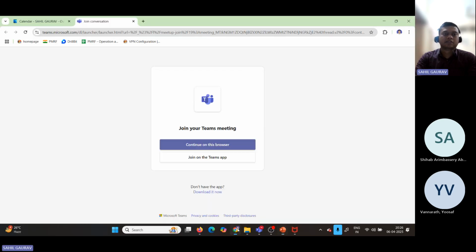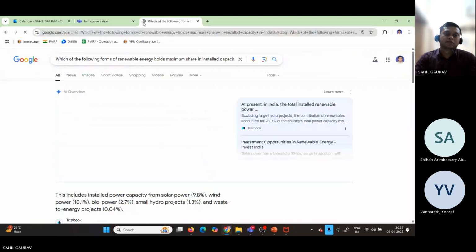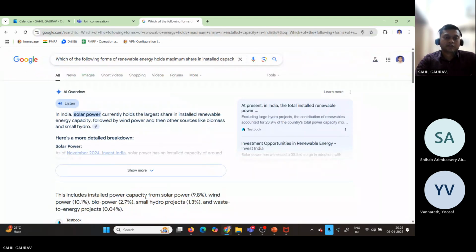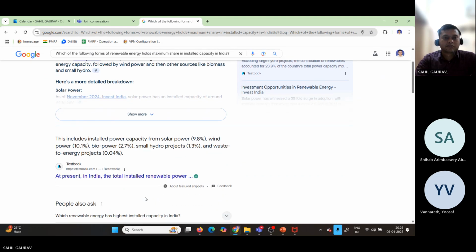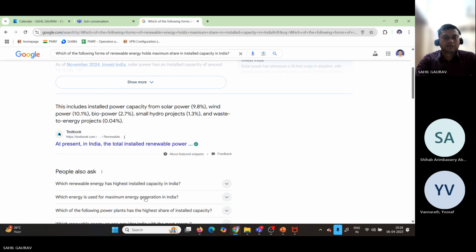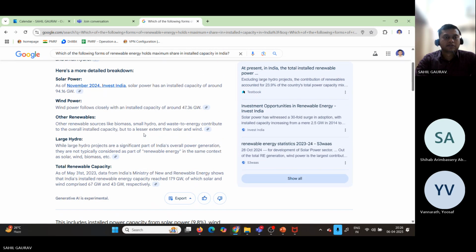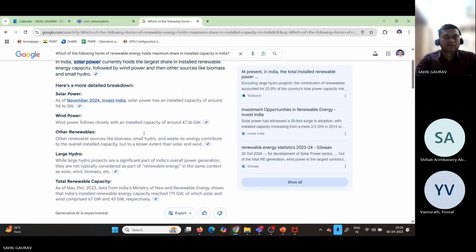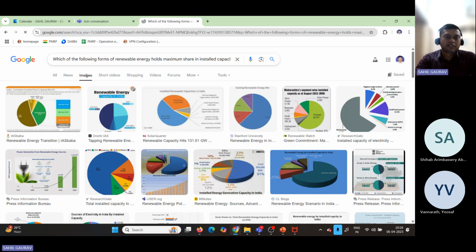Search on Google itself. See, but they are showing wind more. But the data are changing.